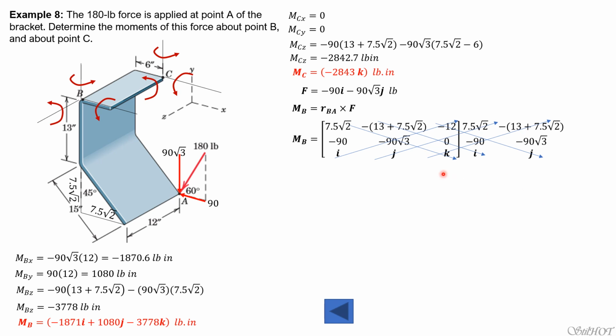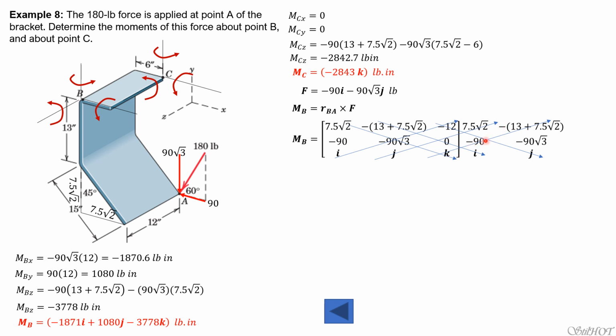Then along z or k, we have negative 90 square root of 3 times 7.5 square root of 2, which is this. It's negative. Then minus, so the product of these two is positive.